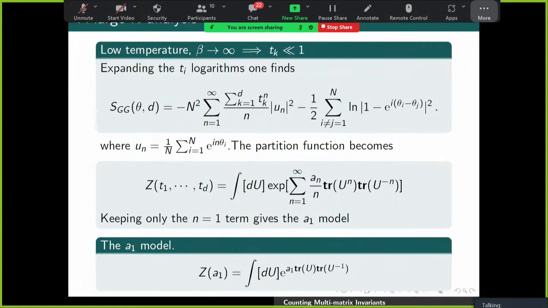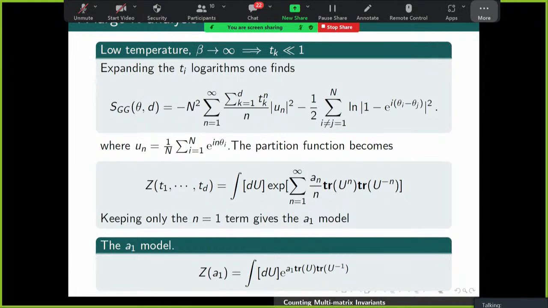And when we do this, we can re-express those variables. We can just call them a_n. And if we just keep the n equals 1 term, we get what's called the A1 model, which is closely related to the Gross-Witten-Wadia one plaquette model, which many people will be familiar with.